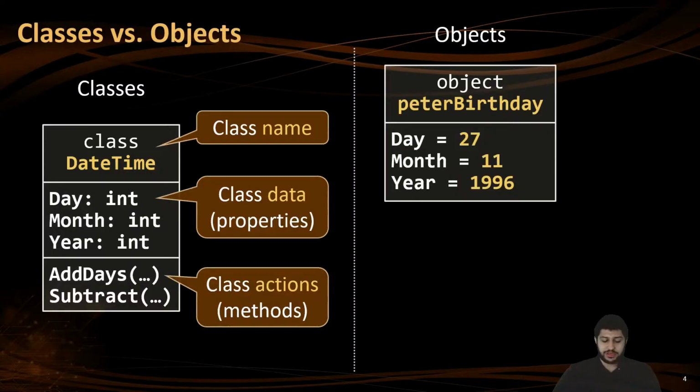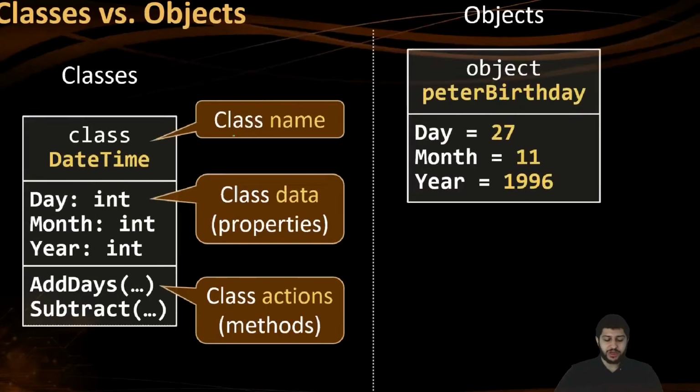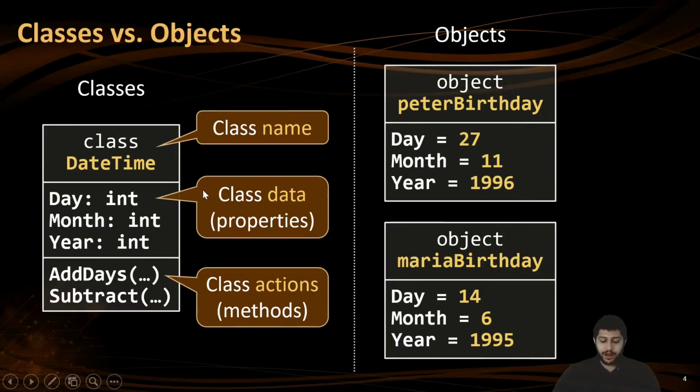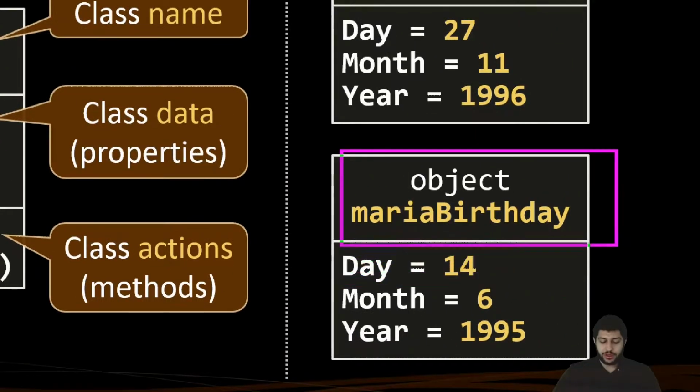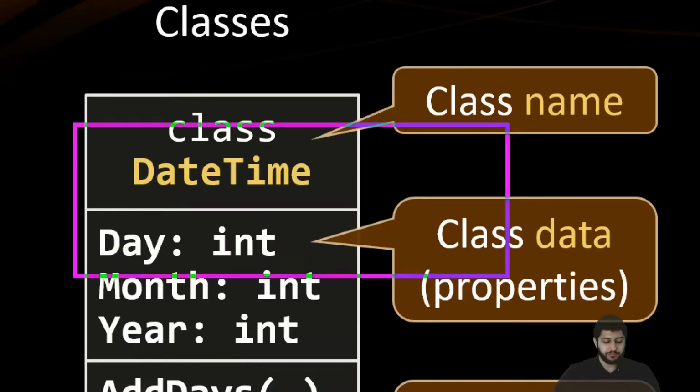Now, objects are concrete representations of these classes. We have Peter's birthday, which is a concrete example of the datetime class, and it has a day. This is a concrete day, not just an integer. It is a concrete day, concrete month, and concrete year. So this is 27th, 11th, 1996. Okay? And another object, the Maria birthday object, which is also of type datetime.